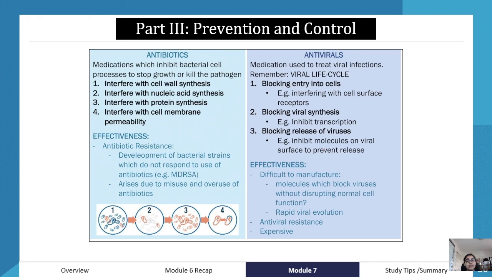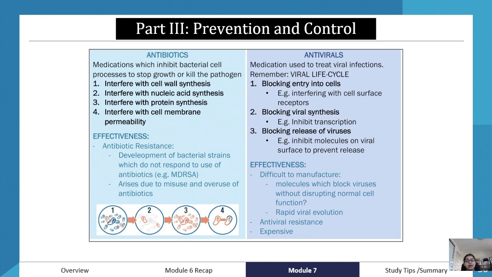Their effectiveness depends on the antibiotic and the disease, but we have seen antibiotic resistance become a big issue recently. The same thing happened with the antibiotics for malaria as well, where the pathogen has become resistant to it.